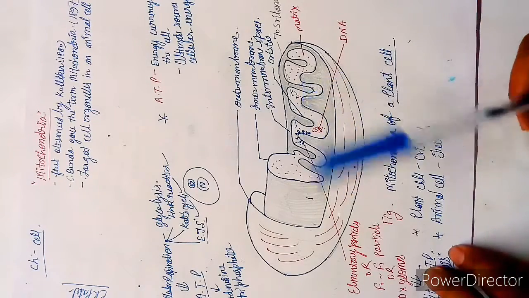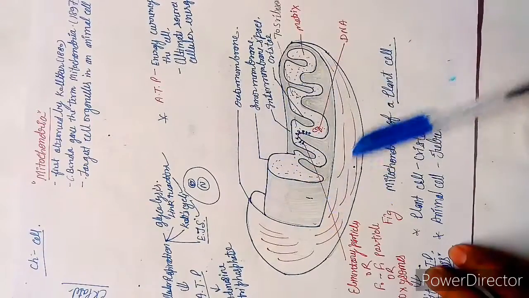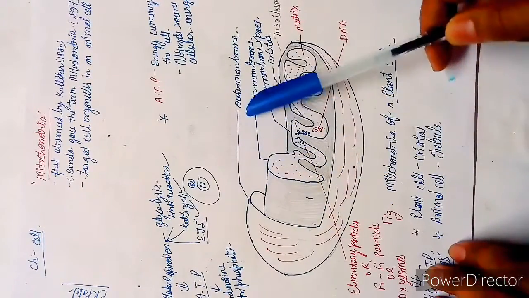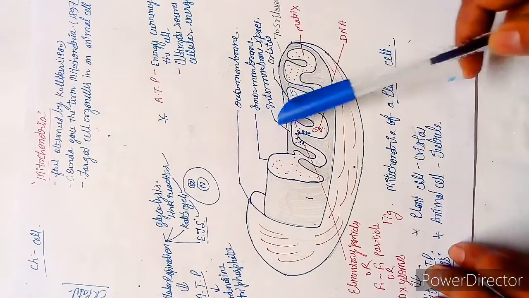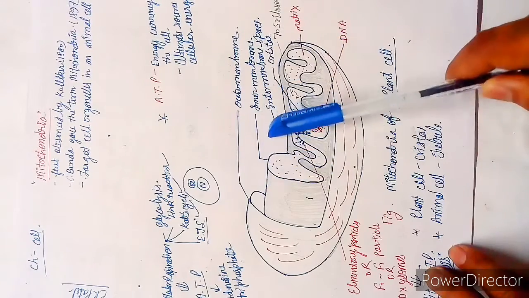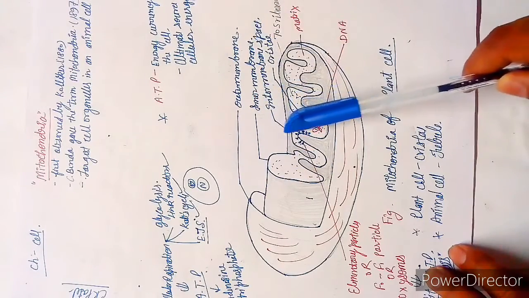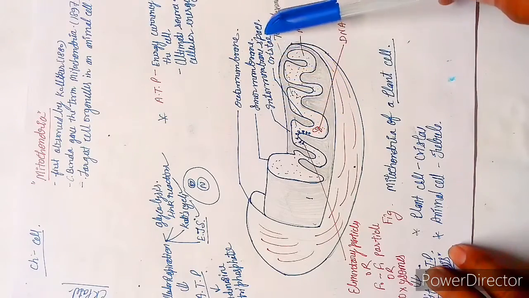Students, it is not given in your class 9th. This is the structure of the mitochondria. It is a double layered, double membrane bound cell organelle. This is the outer membrane, this is the inner membrane, and between the inner and outer membrane there is an intermembrane space.